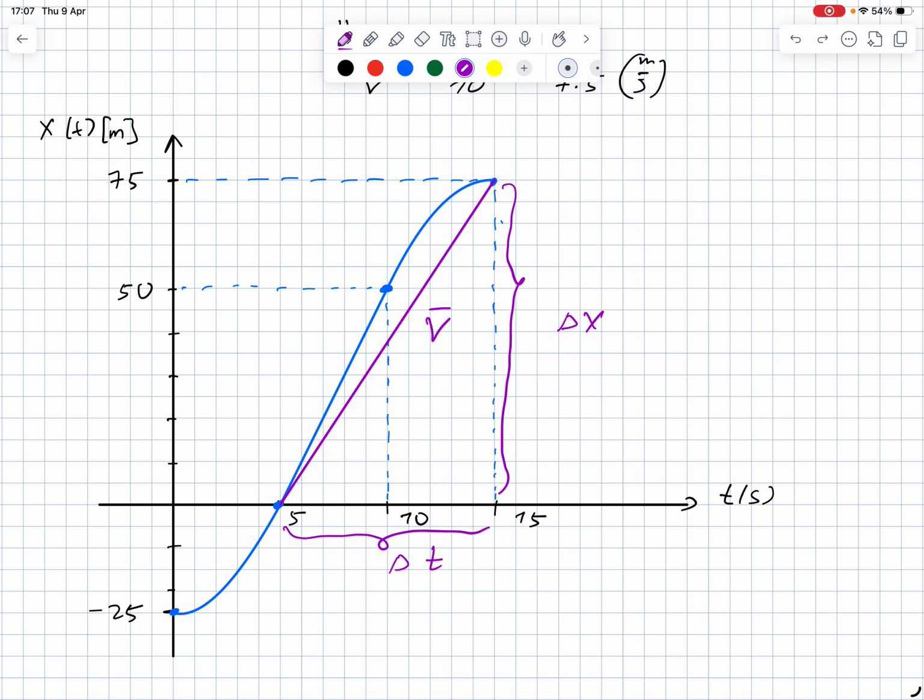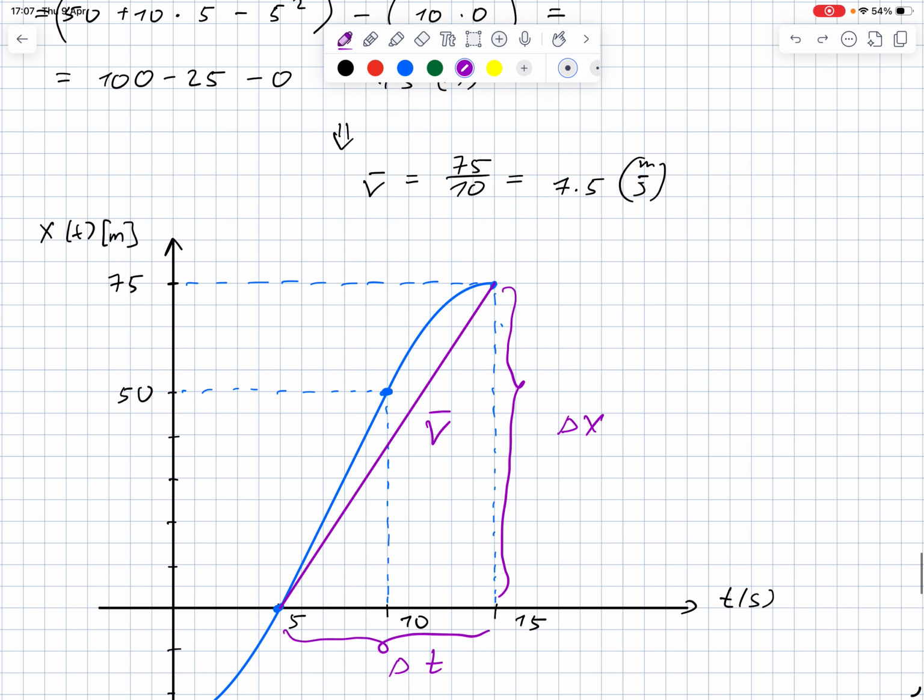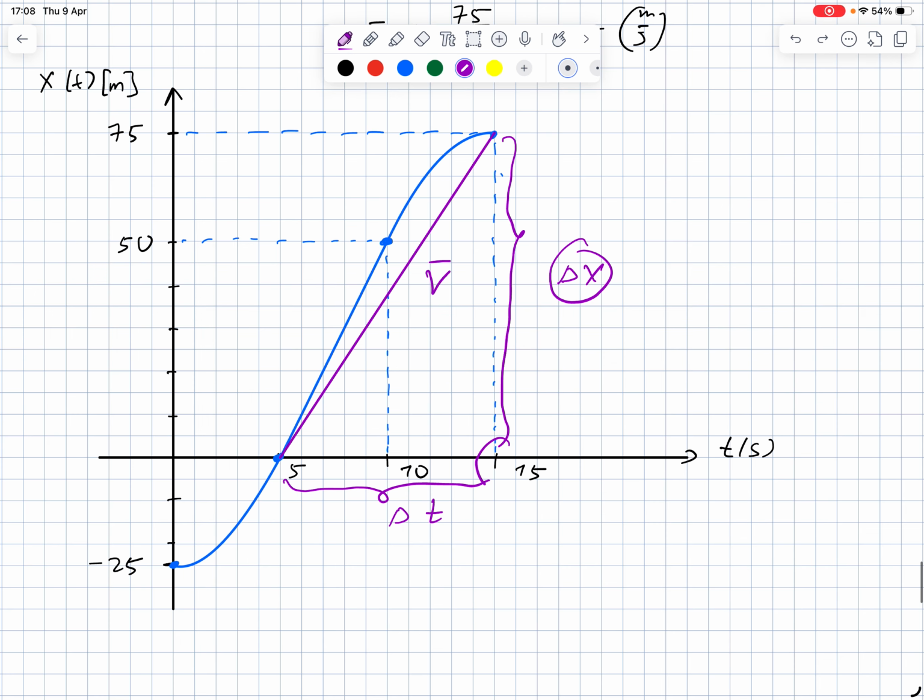Finally, you take delta x divided by delta t, which will give you again 7.5 meters per second, because this delta x is 75 minus 0, and the interval of time delta t, which is 15 seconds minus 5, will give you a value of 10 seconds.